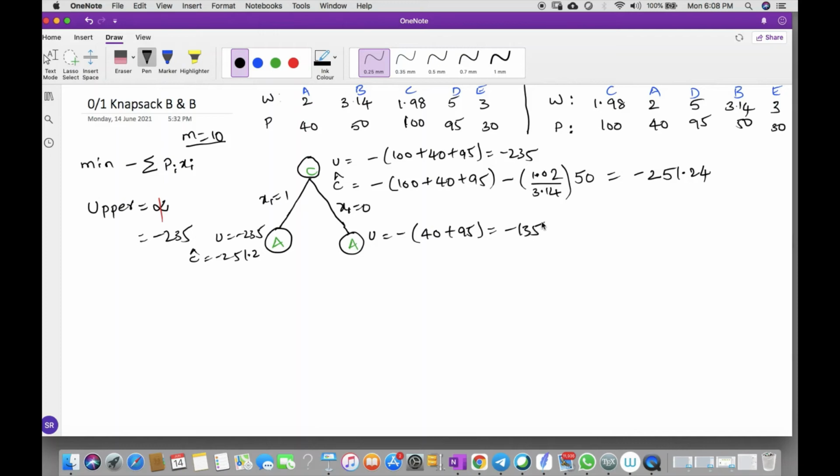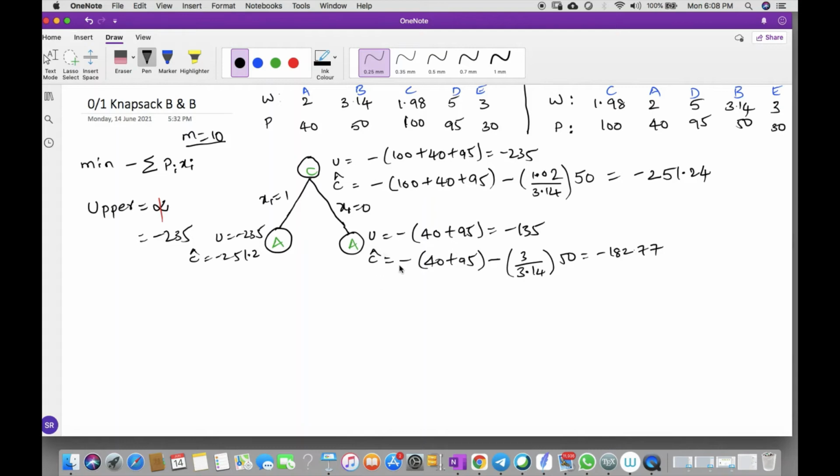So this is minus 135, and the C cap value for this will be minus of 40 plus 95 and the fractional part. The fractional part: the weights are 5 plus 2 is 7, so 3 is what is left, divided by 3.14 times 50, which will give us the value as minus 182.77.